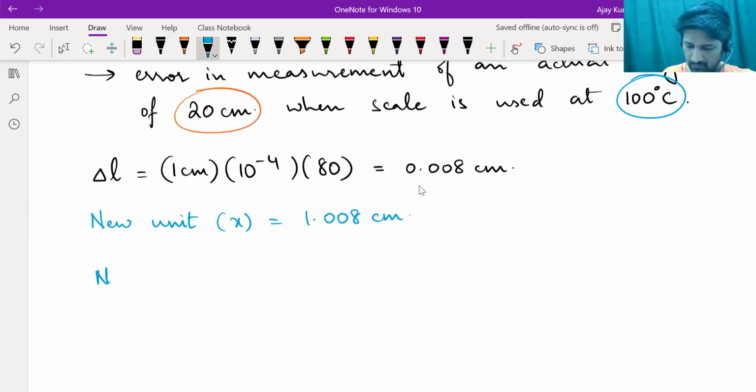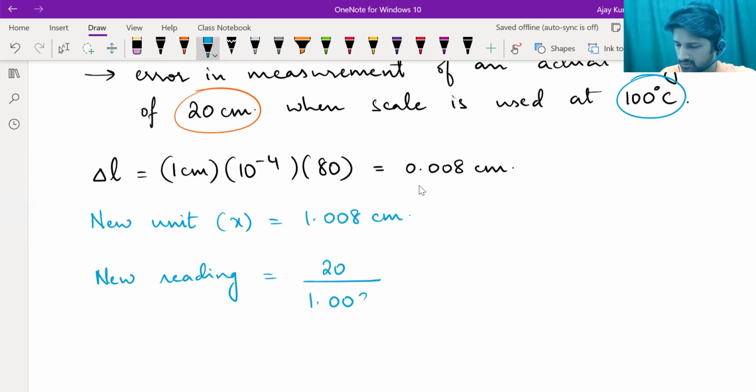Therefore, the new reading would be 20 divided by 1.008. That is approximately, okay, I said you can use a calculator if you want, 19.84.